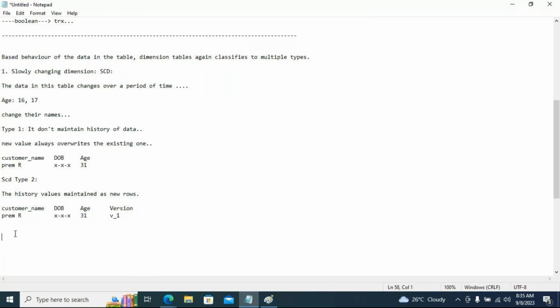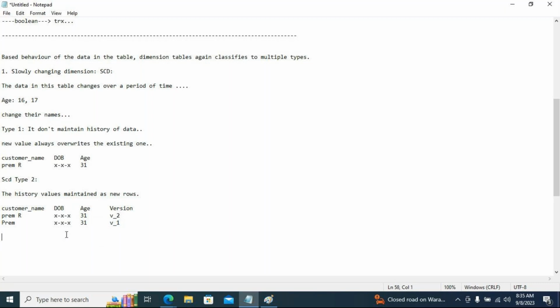The team got a requirement to make a change in the name. Yes, you can make a change. I'm changing it to Prem, and the remaining data is the same. Here the version name gets changed to V2. So to get the latest information, the latest is always under V1.